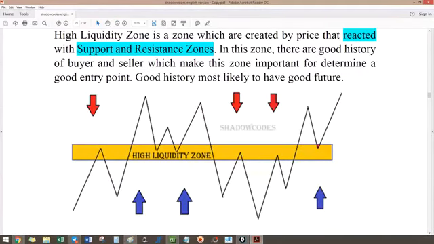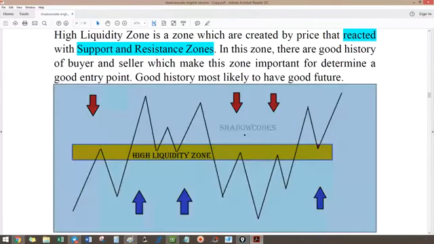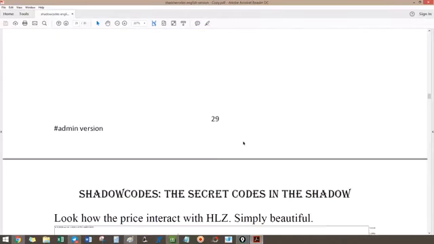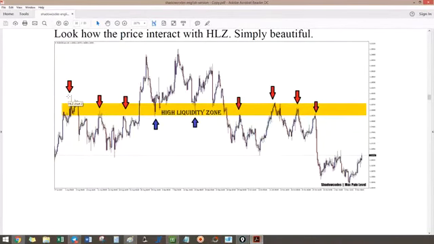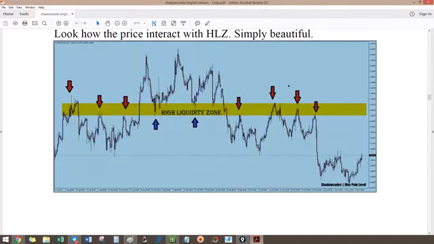Before you learn the QM, you need to learn about this to choose the correct QM that you want to trade. All right, so let's look at this one. This is an HNS. If you look at this whole price movement, we will call this an HNS.